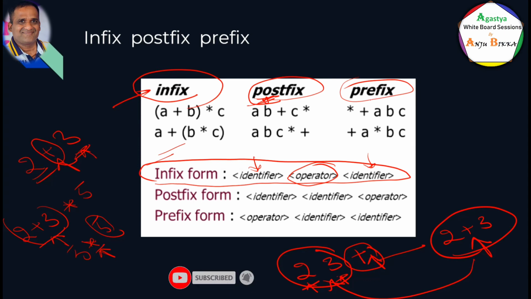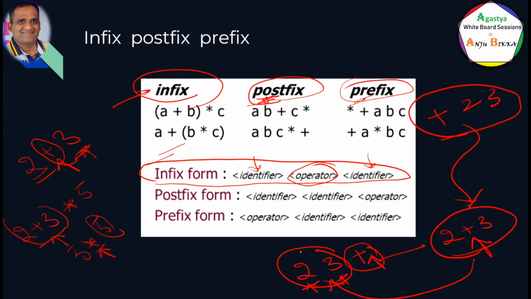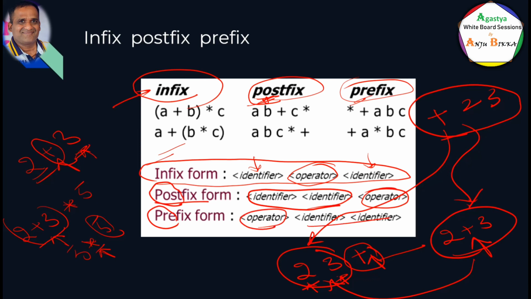And the prefix: pre means before. We can say plus 2 and 3. The equivalent infix form is 2 plus 3, and the equivalent postfix form is 2, 3 plus. In the postfix form, the operator appears after the operands. Post means later, after. Pre means before: the operator appears before the operands.